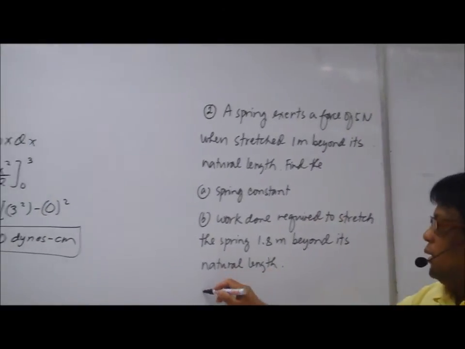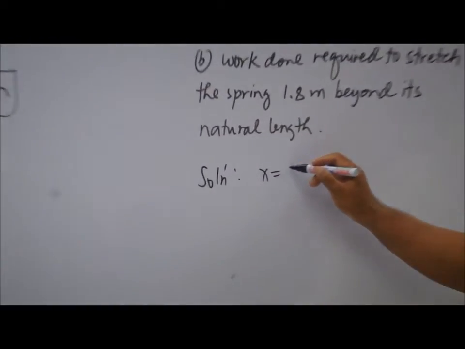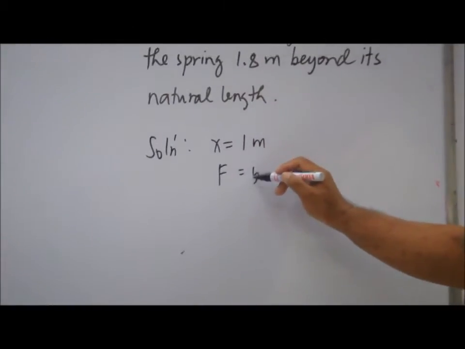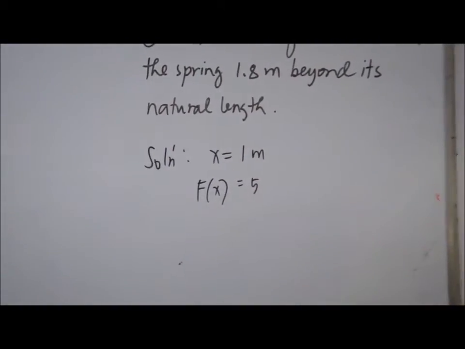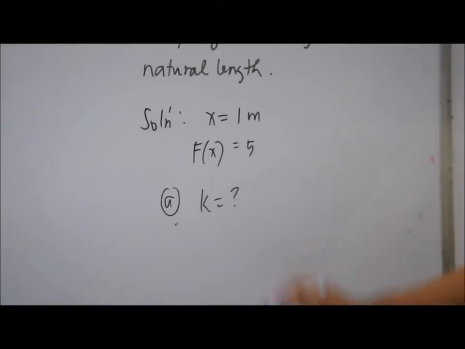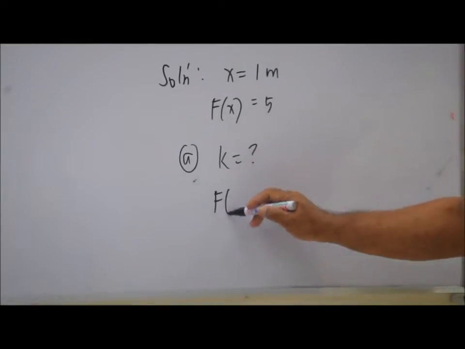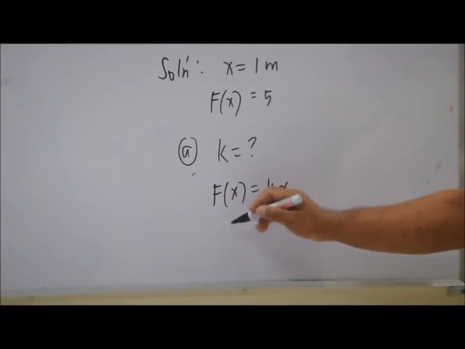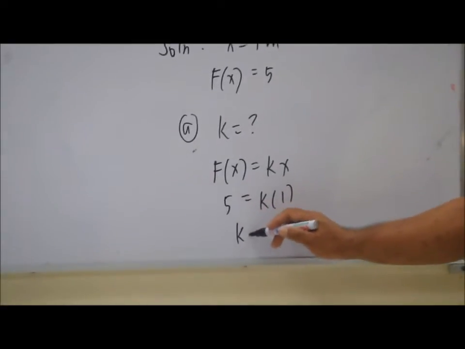So therefore, that is the displacement x, 1 meter. And then we have the force, which is 5. So this is your f of x. We're going to find the spring constant, represented by k. And how do you find the spring constant? We have the formula f of x is equal to kx, where f of x is 5, then x is equal to 1. So therefore k equals 5.